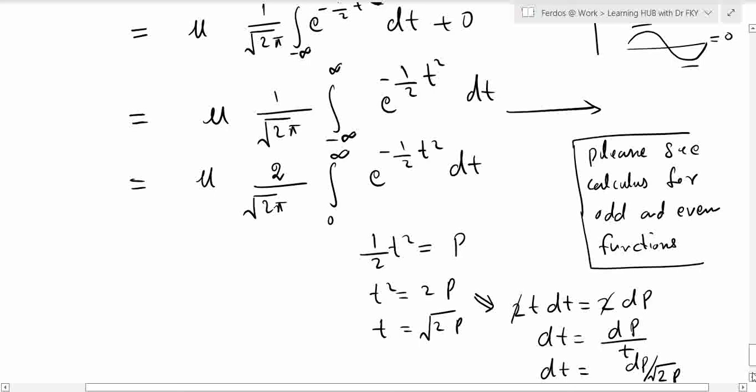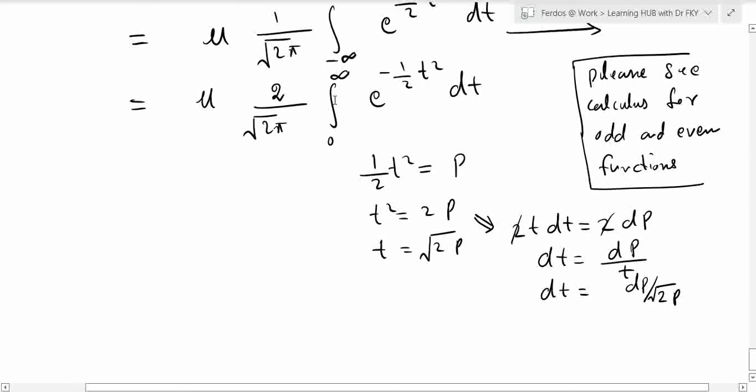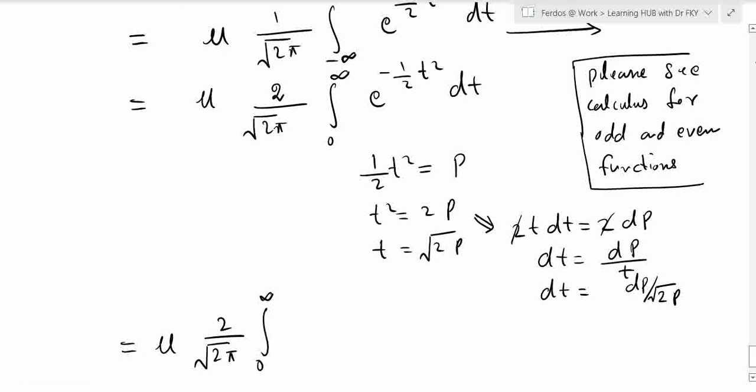So we know all the values. You can just put these values in this equation. This will now be equal to mu over the square root of 2 pi, and the limit will remain from 0 to infinity. As I did above, 1 divided by 2 t square is equal to p, so this is e power minus p, and now dt is equal to dp divided by the square root of 2p. Now let's solve this.